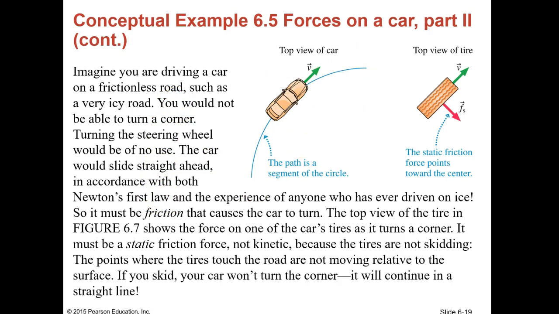If the force of friction wasn't keeping the tires on the road, you would go in a straight line, due to Newton's first law of motion. If you took away this friction force, you would have balanced forces, and so there's no net force acting on the car, and it would go in a straight line.